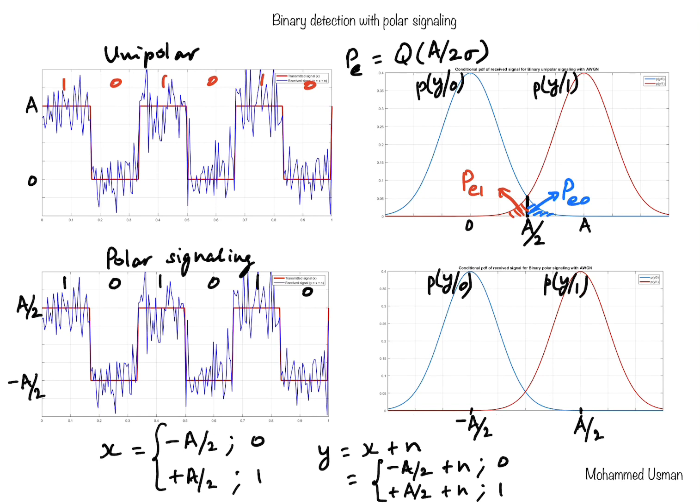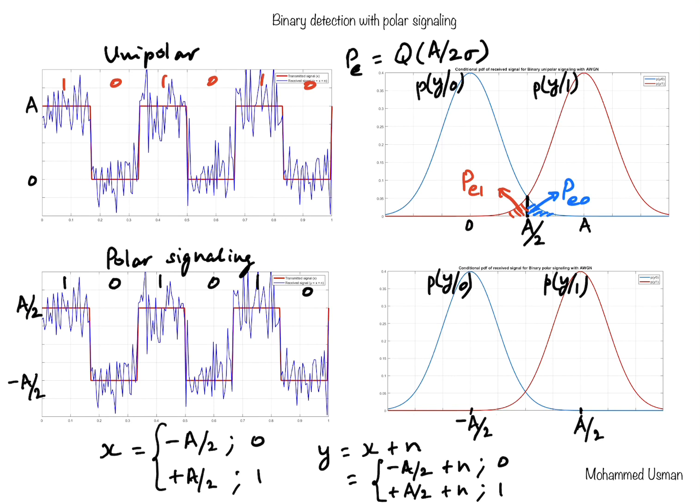Now if you notice, the difference between the unipolar case and the polar case is that in the unipolar case we represent the voltage levels as 0 and A for bit 0 and bit 1 respectively, and for polar signaling we have negative voltage minus A by 2 and plus A by 2 for representing bit 0 and 1 respectively.